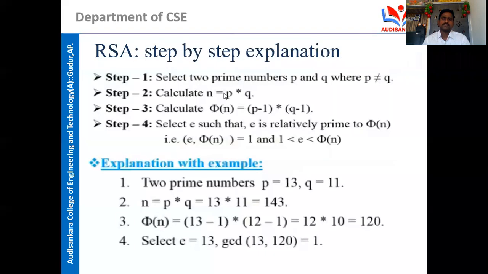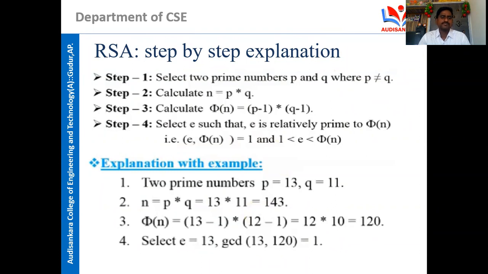Once again, I repeat the steps. Select 2 prime numbers. You can select any 2 prime numbers, but the condition to check is P should not be equal to Q. In the second step, we perform N is equal to P into Q. Third step, we calculate the phi of N value, for which the formula is P minus 1 into Q minus 1.